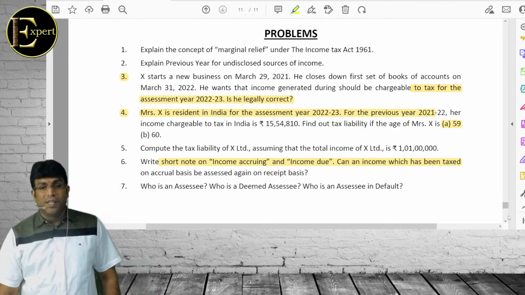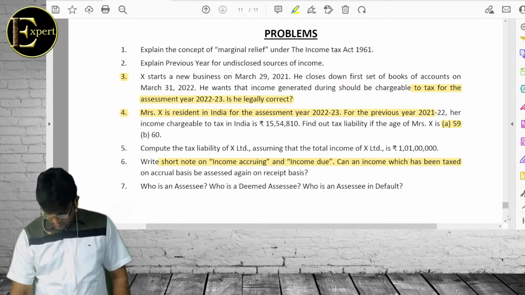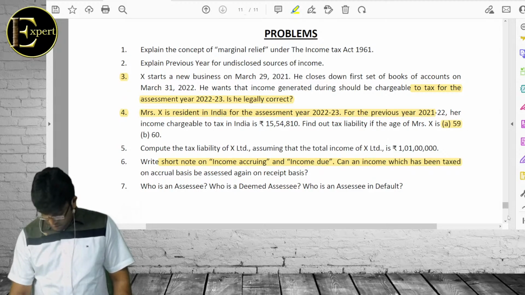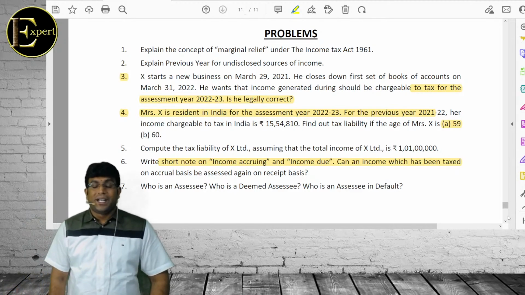Accrue means right to receive, and due means right to enforce the payment.